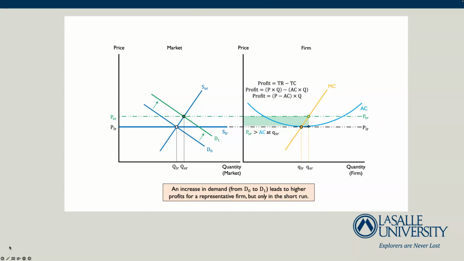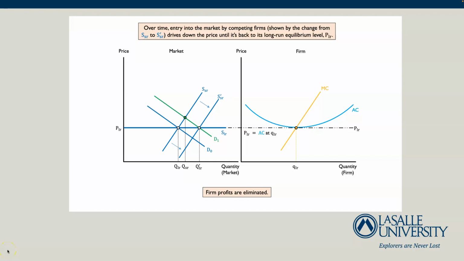So in summary, an increase in demand from D0 to D1 leads to higher profits for a representative firm, but only in the short run. Because from that position in the long run, we're going to have more firms entering this market, chasing after those profits that the incumbent firms are achieving.